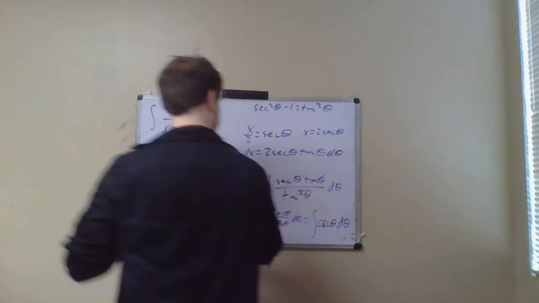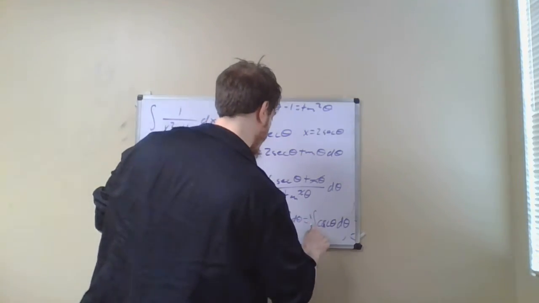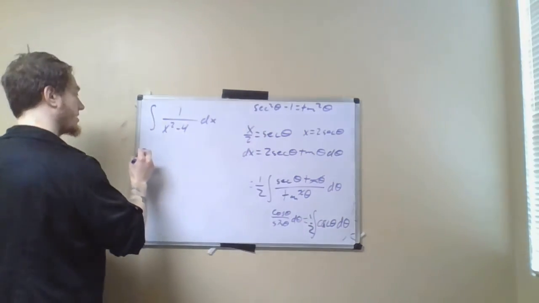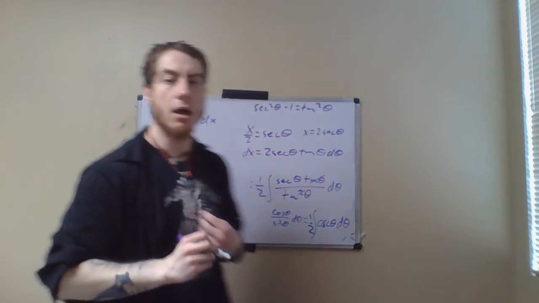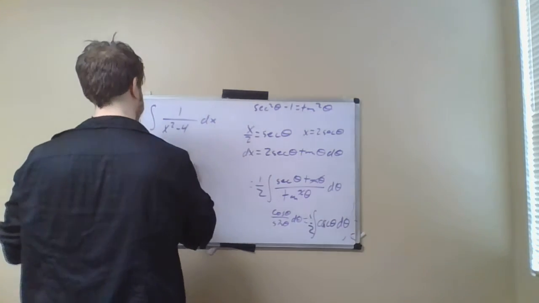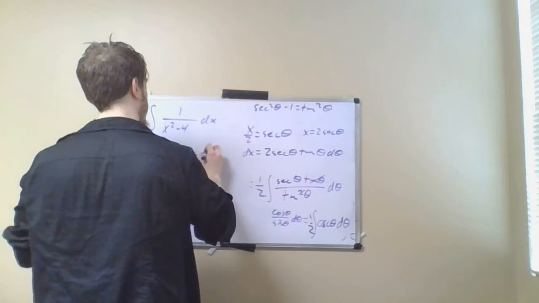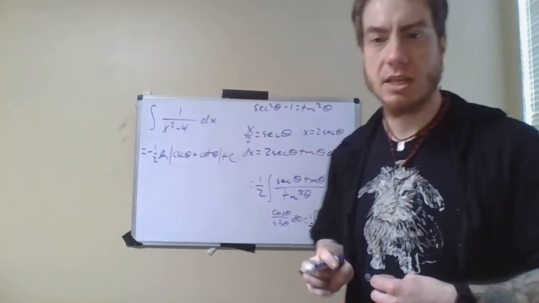You end up with, oh, I lost my factor of 1/2, didn't I? This comes out to be negative 1/2 times the natural log of the absolute value of cosecant theta plus cotangent theta plus a constant.